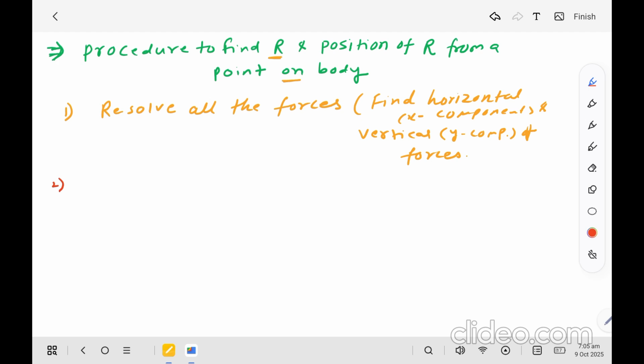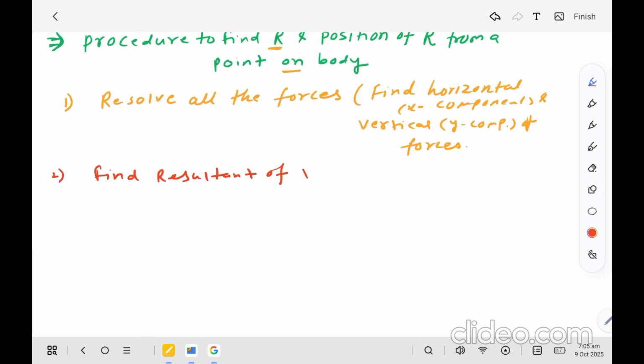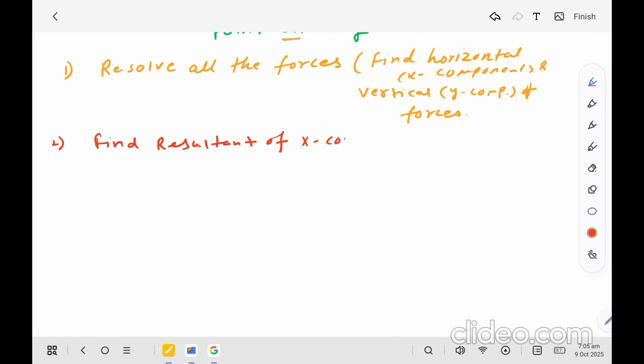So once we resolve all these forces, then the second step is to find the resultant of x component, means Rx.